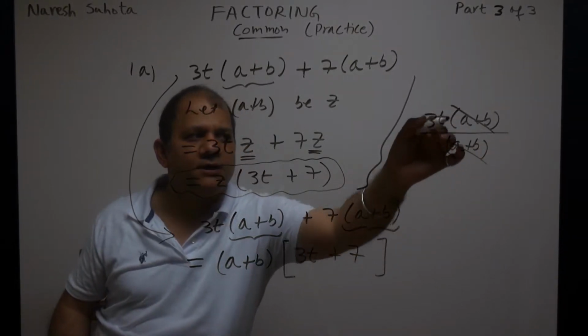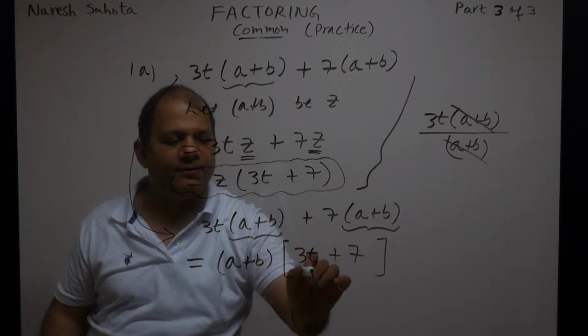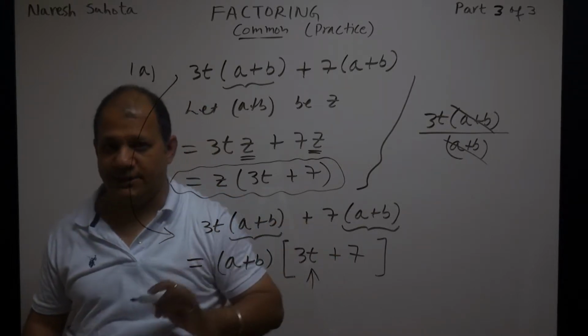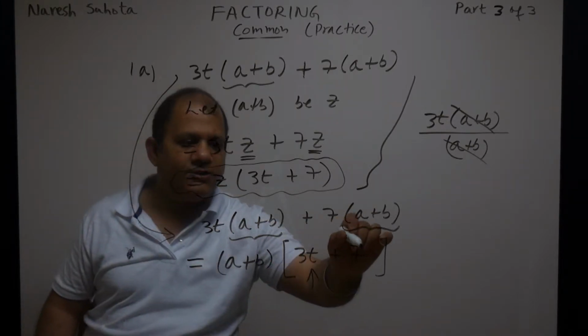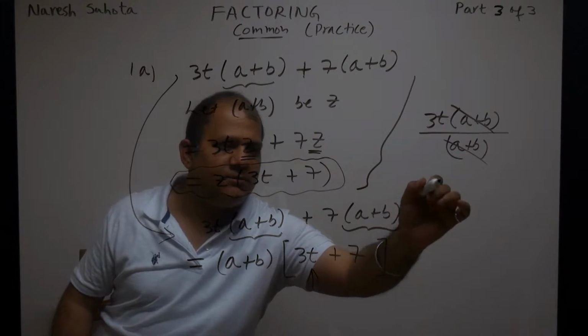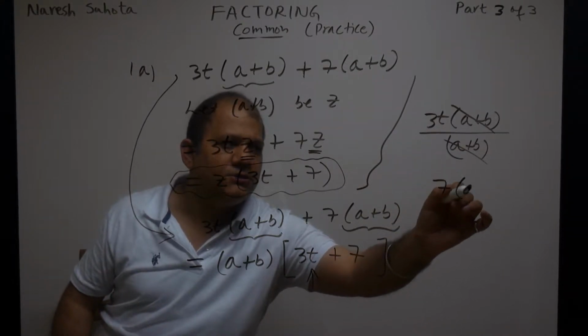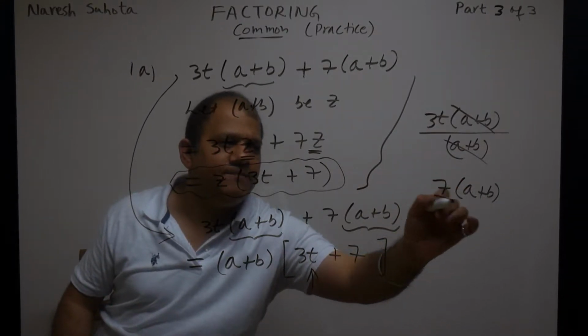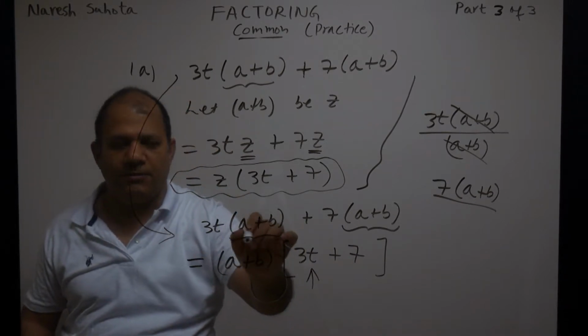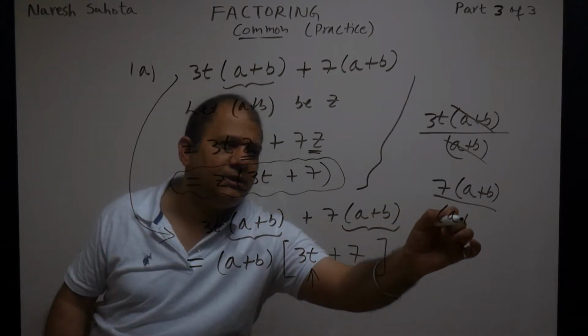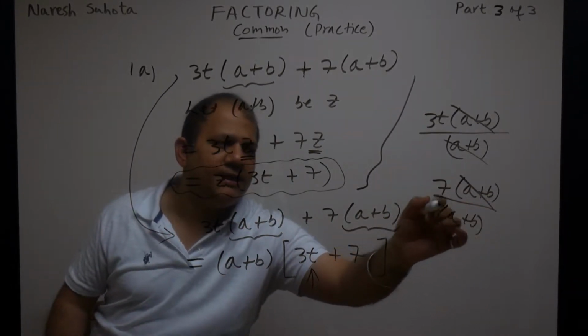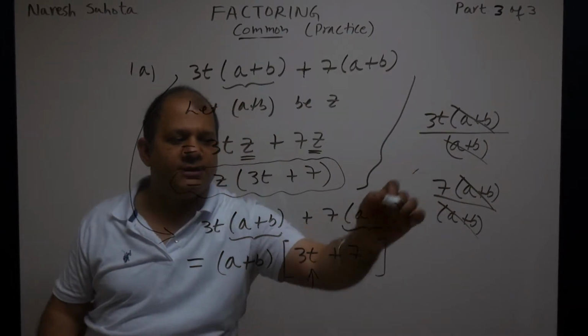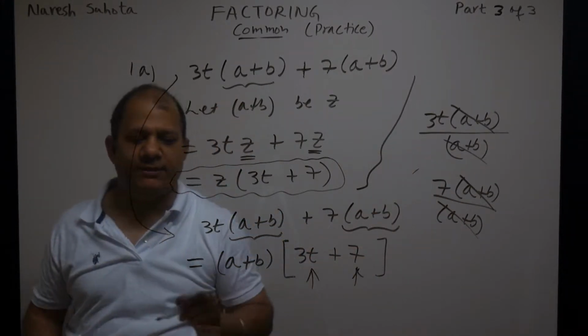So these cancel, I'm left with a factor of 3t. So that's how I get 3t here. To get the second term, start with the second term in the original question. 7 times (a plus b), divide by the common factor, a plus b, and now these cancel out, and I'm just left with 7, and that's how I get 7 there.